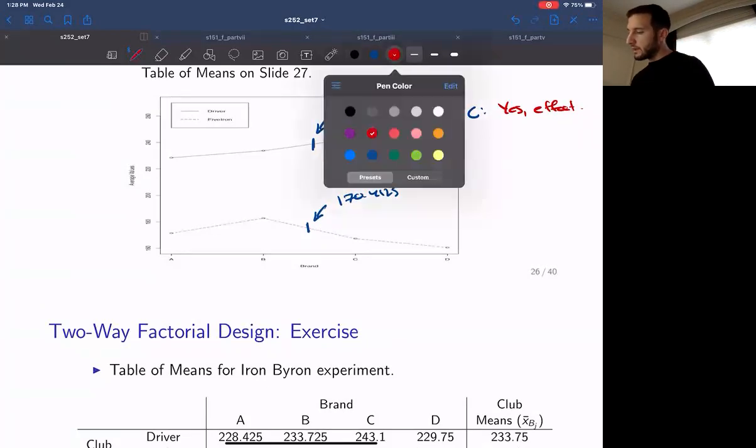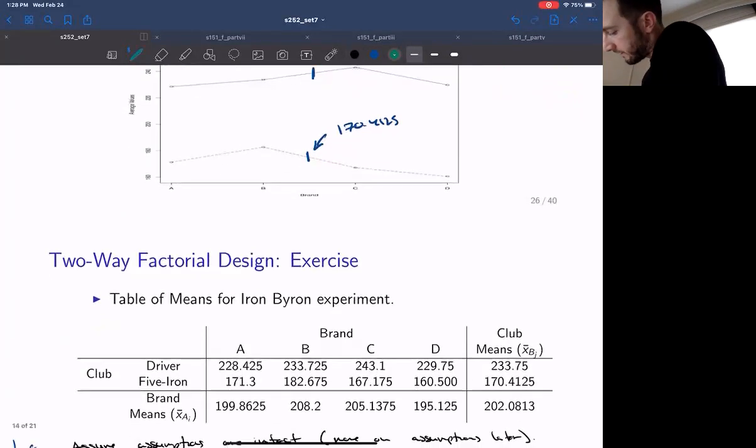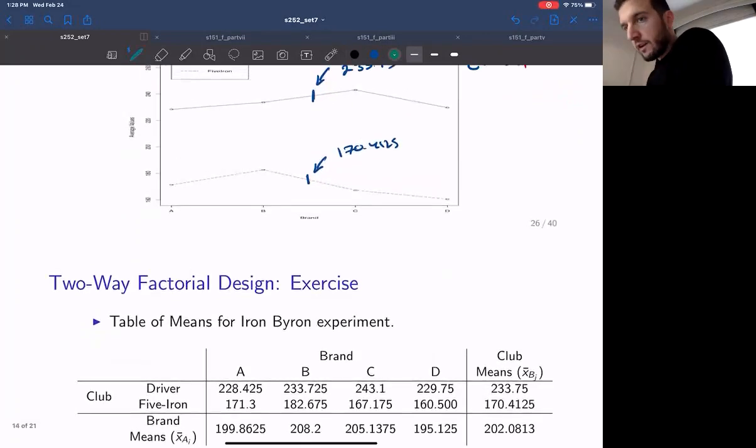Okay, the second thing that we can do is compare the golf ball brand distances. In this case, we're going to find the averages of each stacked point. So for golf ball brand A, our average is right about here. So this is 199.8625.